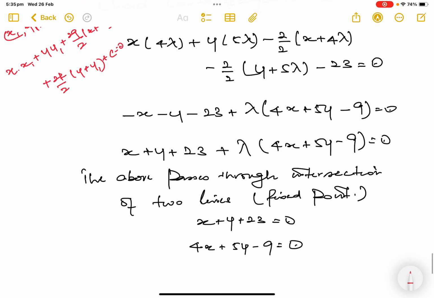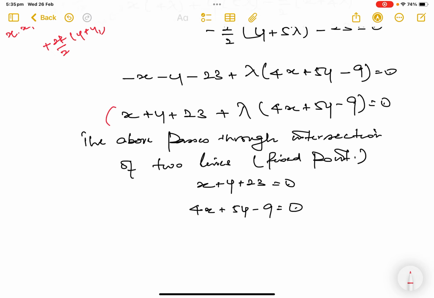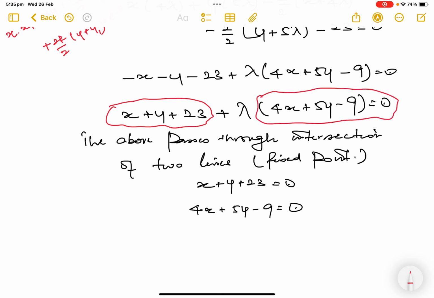So if you look at it, there are two linear equations. So the chord of contact passes through the intersection of two lines. These are the two lines: x plus y plus 23 equals 0 and 4x plus 5y minus 9 equals 0.